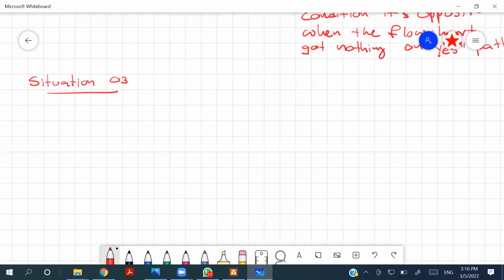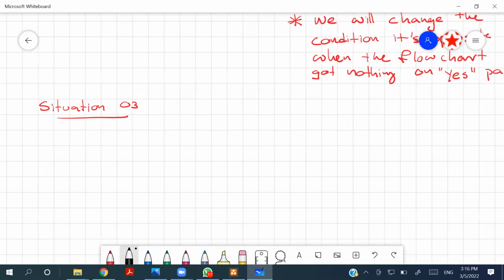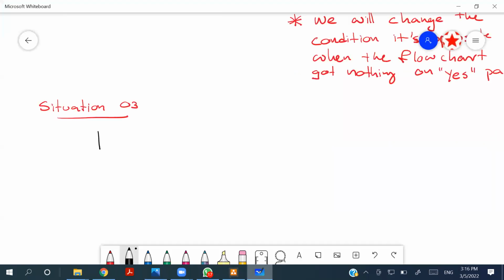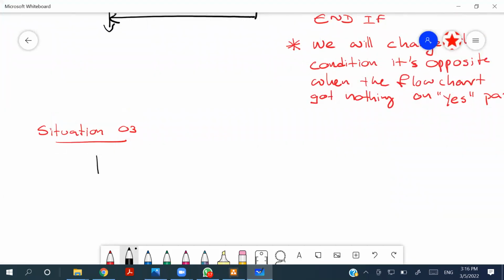Situation 3. These are the most frequent situations.